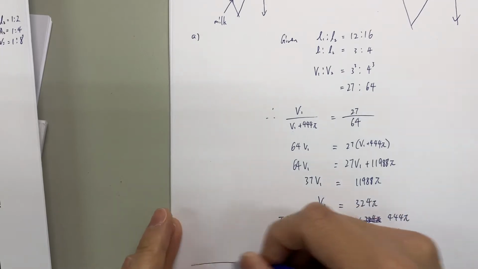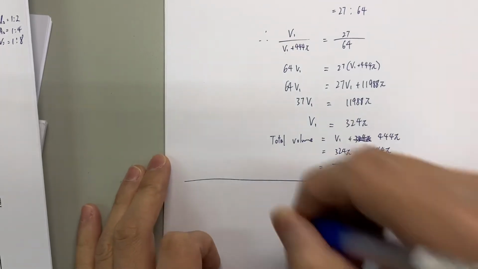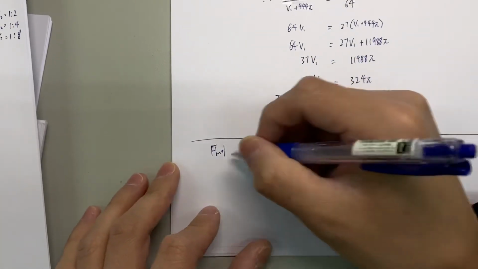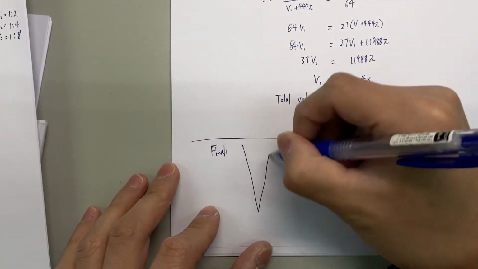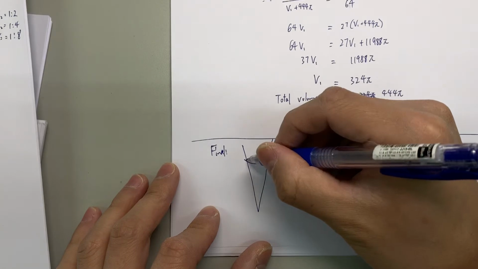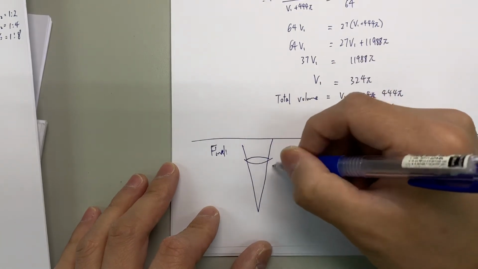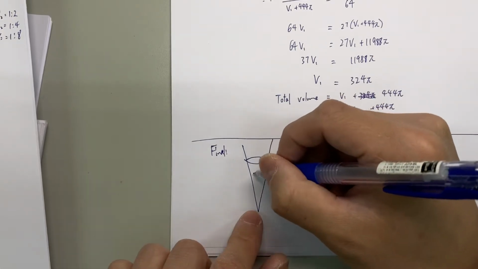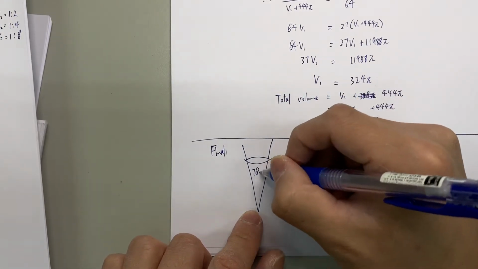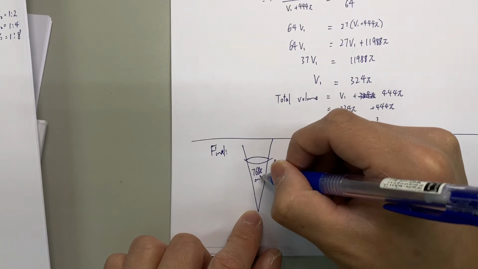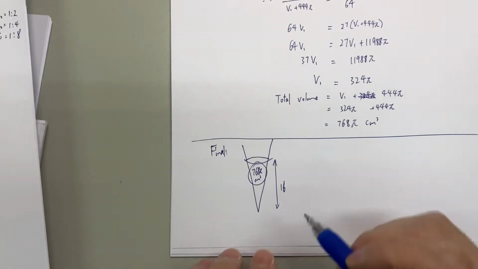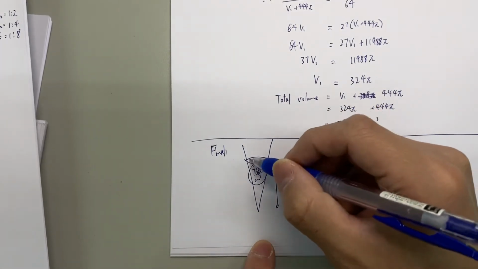So now, the final situation: the cone is like this, and the depth is 16. The volume is 768 pi cm cube. Of course, we are interested in the curved surface area. That means we want the curved surface area.